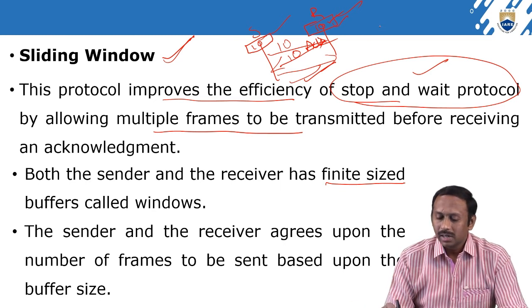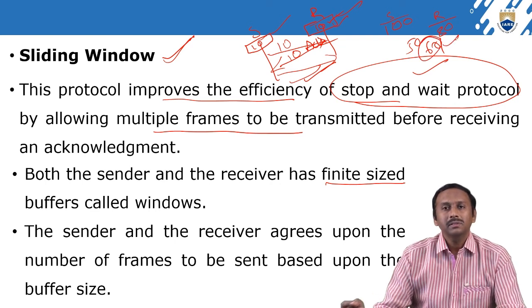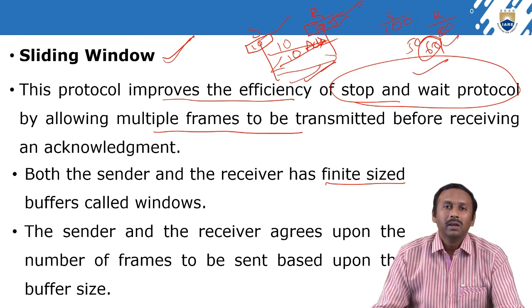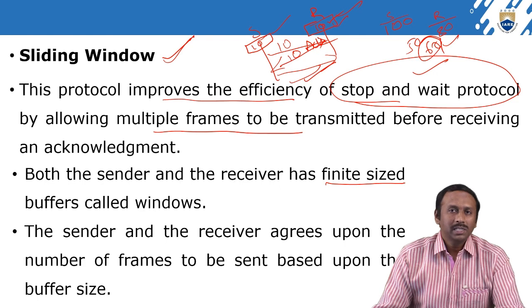Assume the sender has a buffer size of 100 and the receiver has a buffer size of 80. Now both will finalize on 50 or 60 or something. Based on this, the sender is going to transmit that number of frames at a time, and the receiver will be able to receive those frames and send the acknowledgement for the received frames.